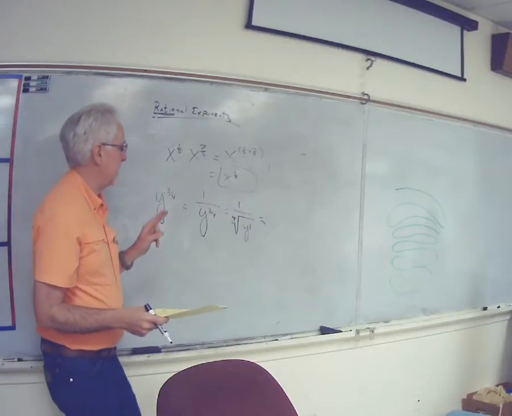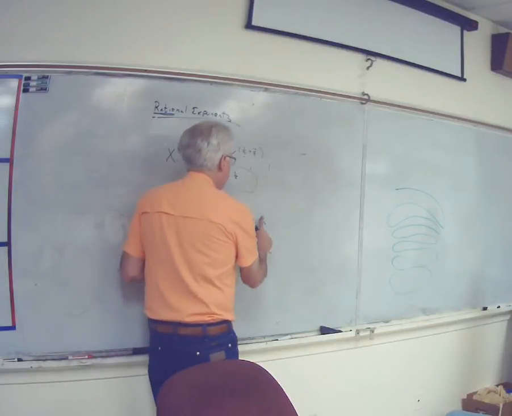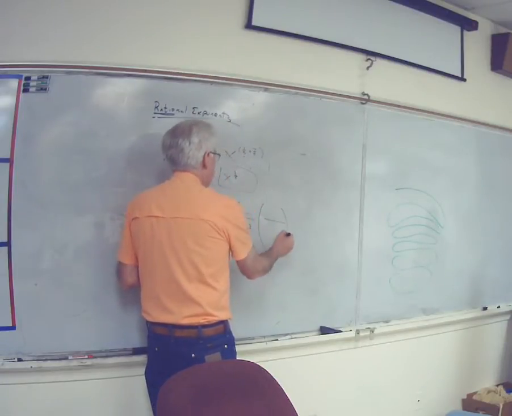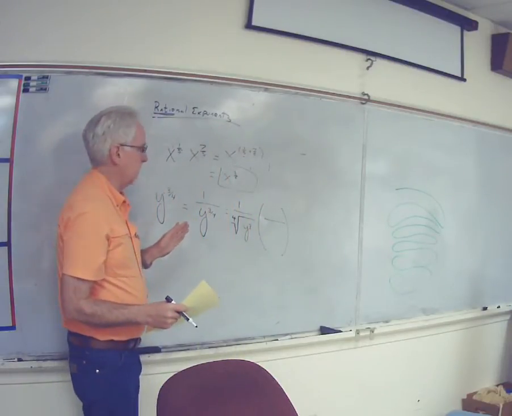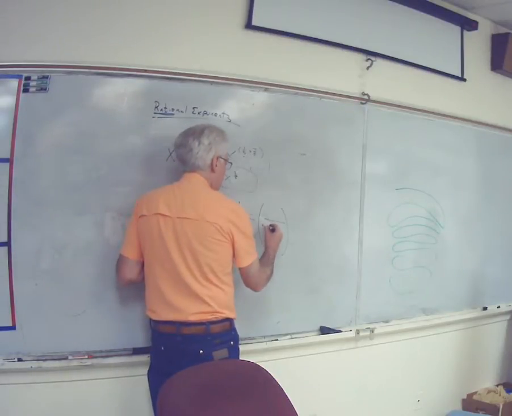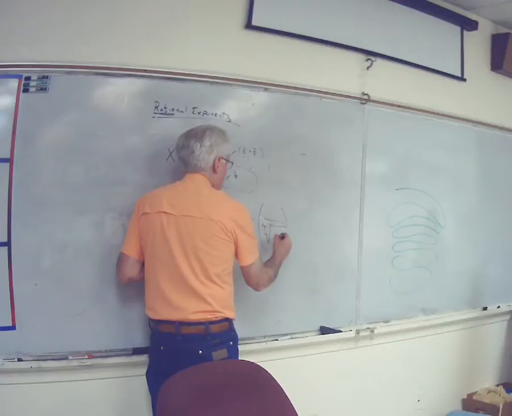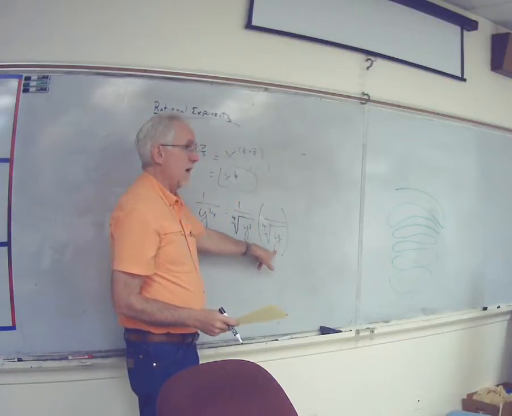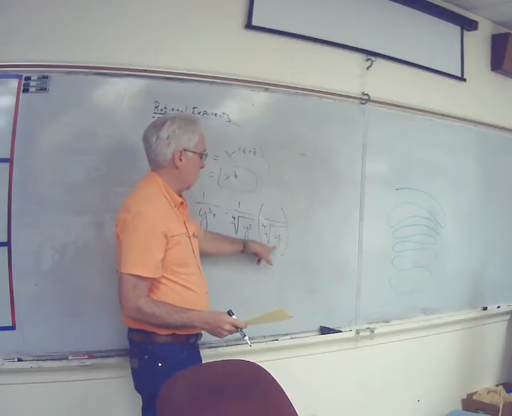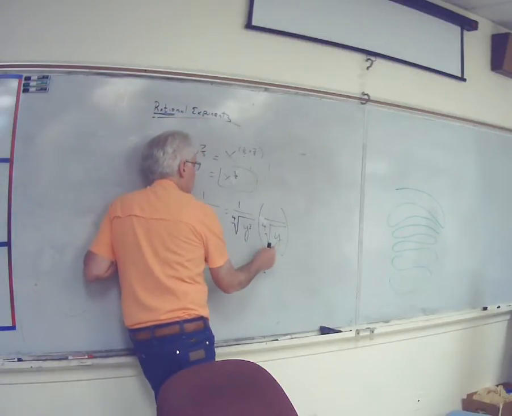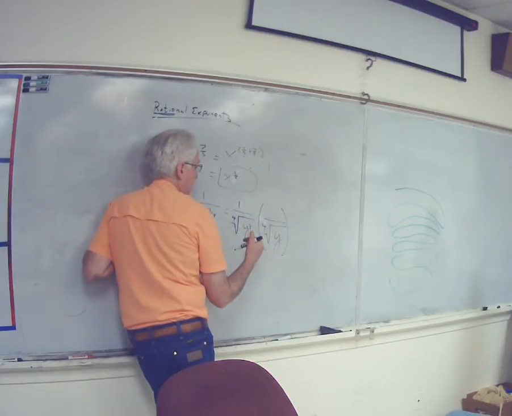Now think carefully. What do I need to multiply this by to get rid of the radical in the denominator? The 4th root of y. Okay, because I got y cubed, now I've got y to the first, so that would become y to the fourth, and I would have the fourth root of y to the fourth. If I multiply the denominator by the fourth root of y, what do I have to multiply the numerator by?